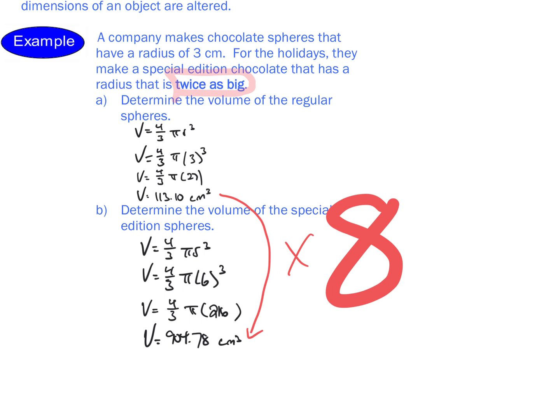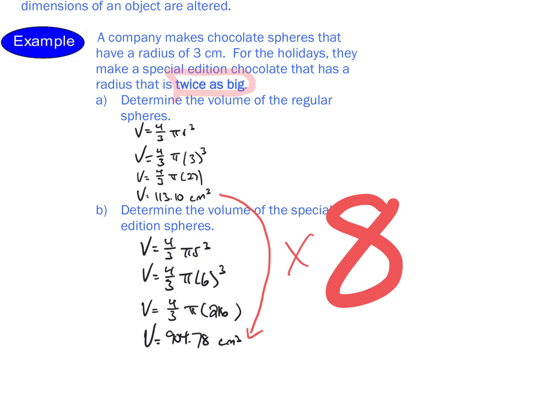So it's 8 times bigger. Just by doubling the radius, the volume is 8 times bigger. Okay? 8 times bigger.